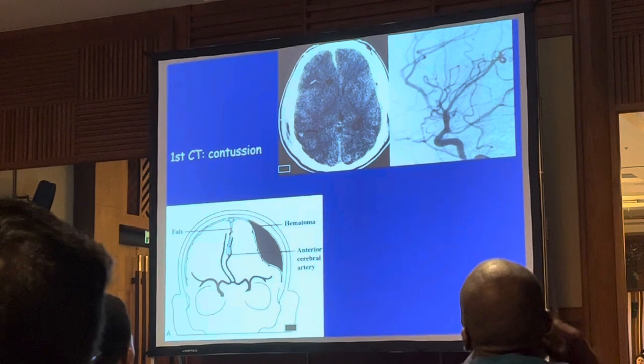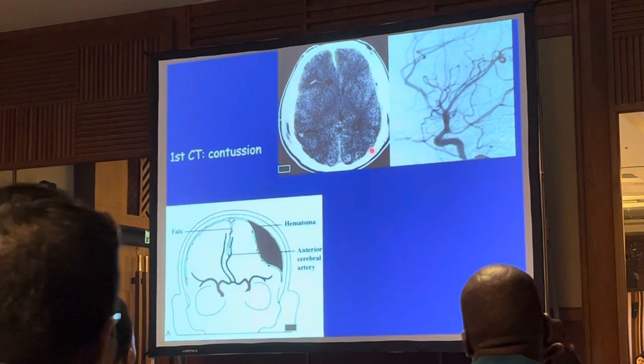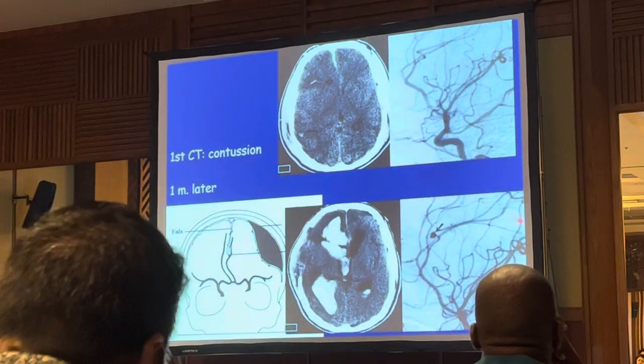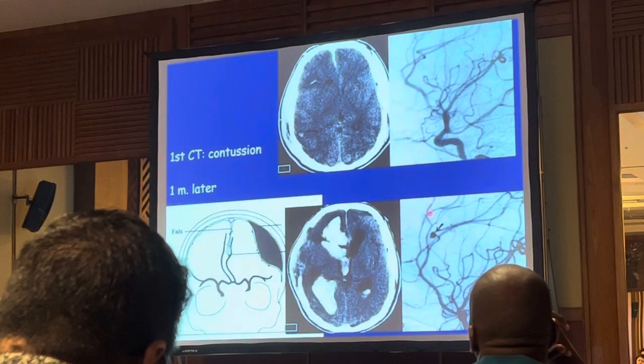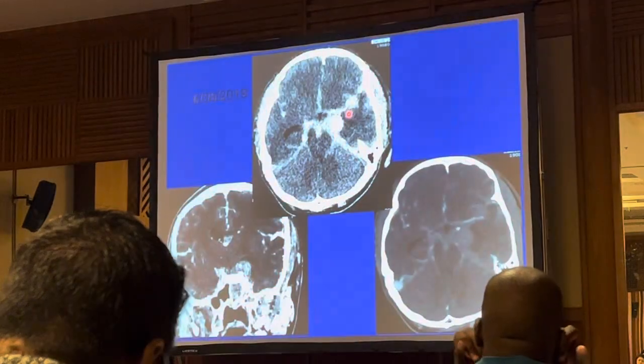With the first trauma, you see subdural collection, a little bit of subarachnoid and intraparenchymal blood, classic for traumatic brain injury, and you don't see anything much, but later on you can see it develop in the region of the trauma, related to a blood vessel of the region.